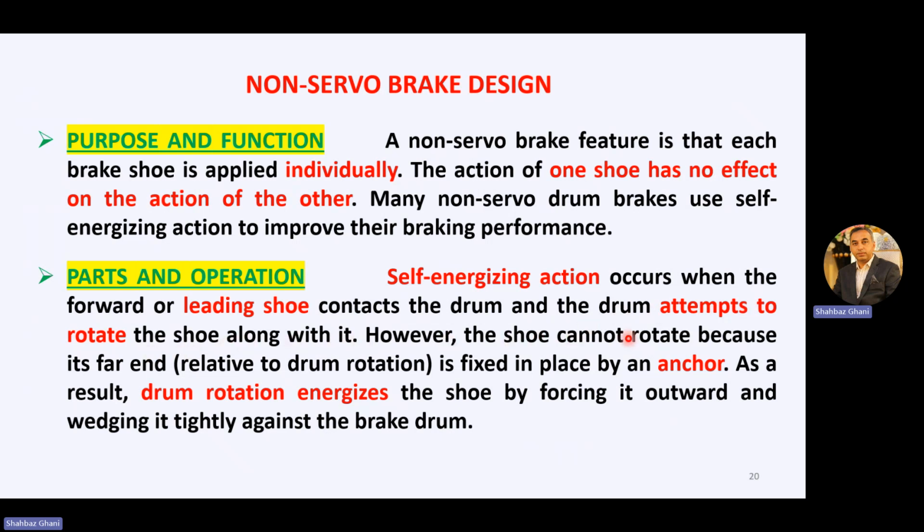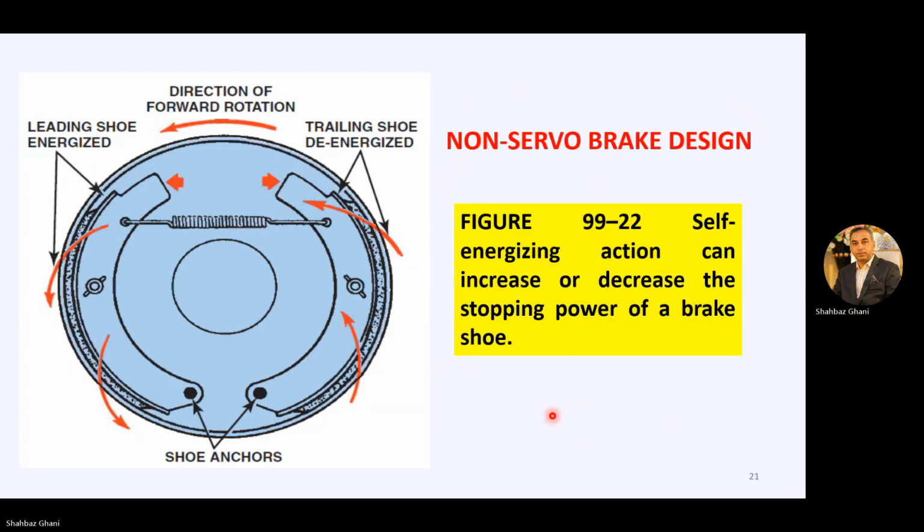However, the shoe cannot rotate because its far end relative to drum rotation is fixed in place by an anchor. As a result, the drum rotation energizes the shoe by forcing it outward and wedging it tightly against the drum. So this is how the non-servo brake operates.